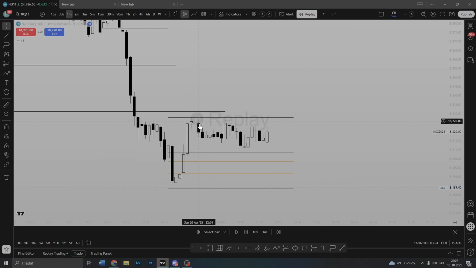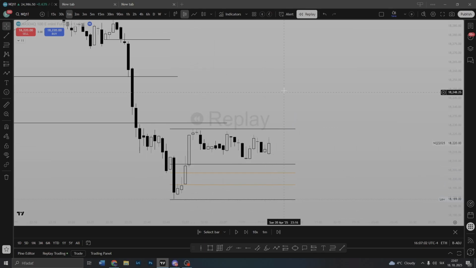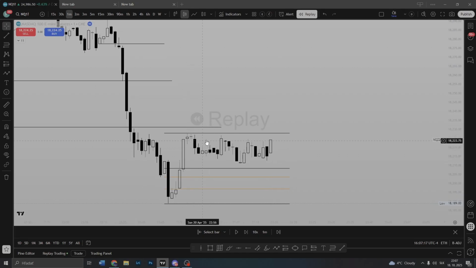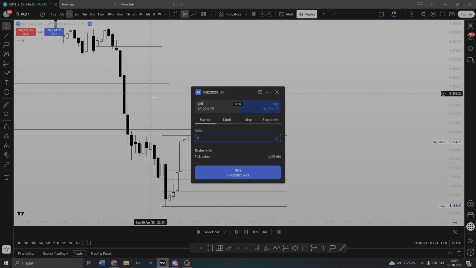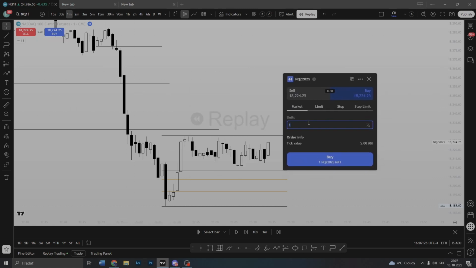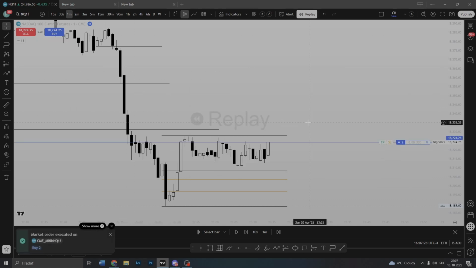The way we are moving, it's telling me we want to go higher. We're just waiting for the right moment. Okay, I like this one. Accumulation, accumulation, accumulation, internal sweep. This candle closing strongly above structure on the left. My stop will be this candle low.